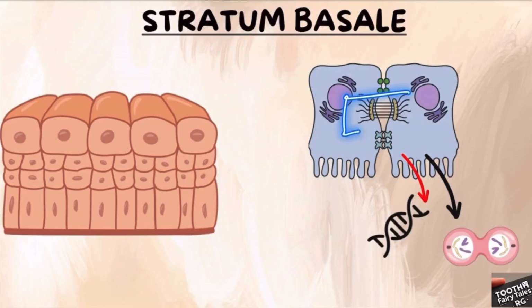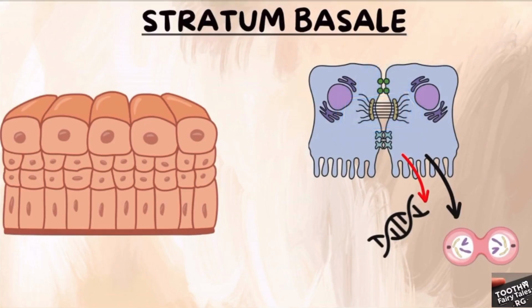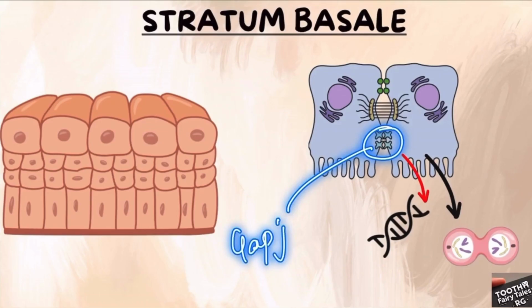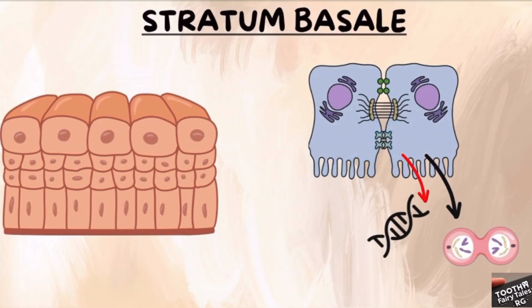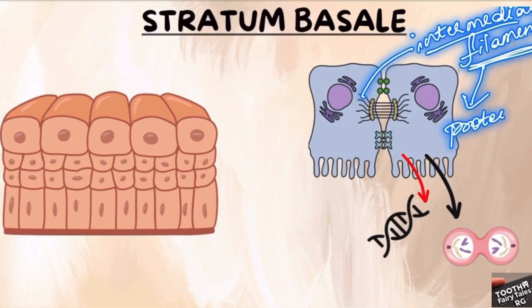So two adjacent basal cells are connected by a specialized structure which is known as desmosome. The two basal cells also communicate with each other by specialized junctions which are known as gap junctions. These basal cells also have structures known as intermediate filaments. These intermediate filaments are produced by the proteins of the basal epithelial cell.